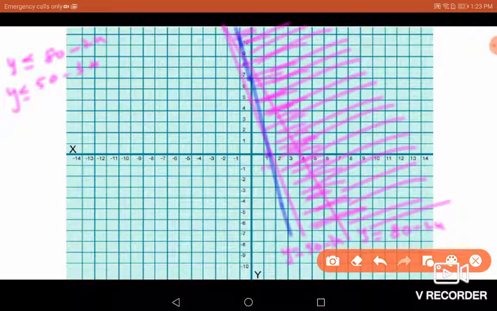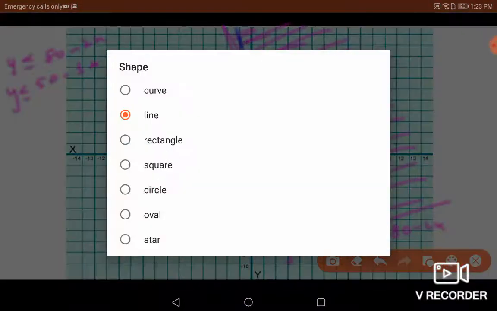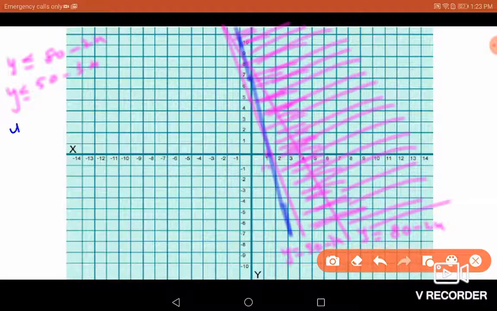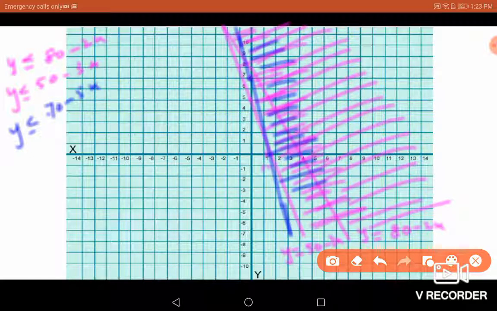This is the third line. We call it y is less than or equal to 70 minus 5x. So we are looking for the area below this line. All the area above should be erased, removed.